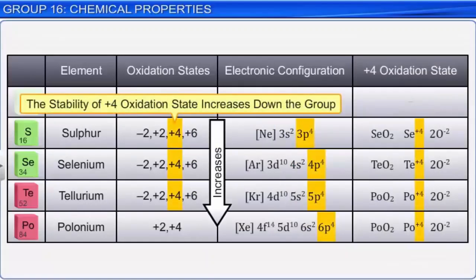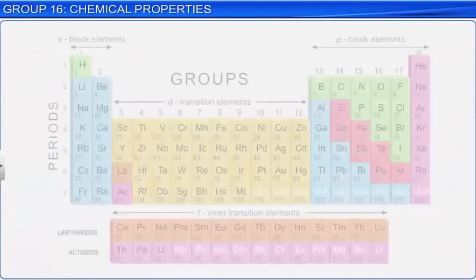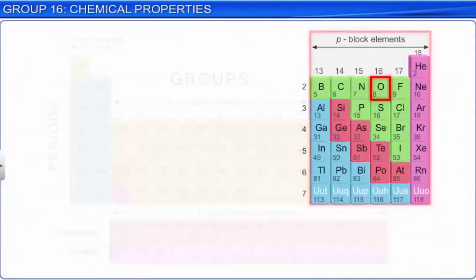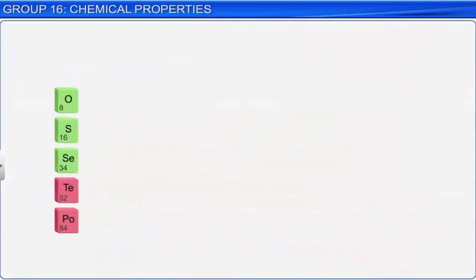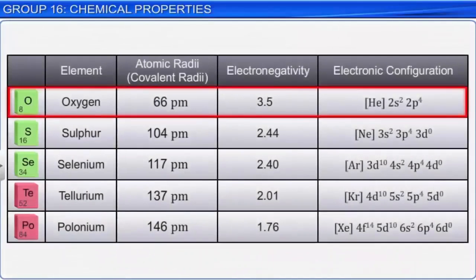Oxygen, like the other p-block elements present in the second period, differs considerably from the rest of the elements in its group. These differences are due to its small size and high electronegativity, and the absence of d orbitals in the valence shell of the atom.